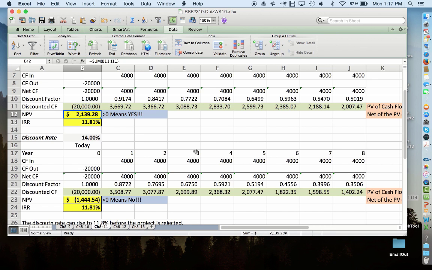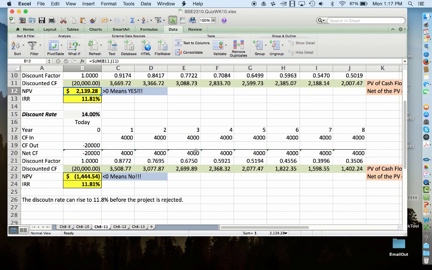So the latter part of the question asks, how high can the discount rate be before you would reject the project? It would have to be higher than 11.81%. And I can actually test that. At 11.8%, my NPV is $10. At 11.81%, my NPV is $3.